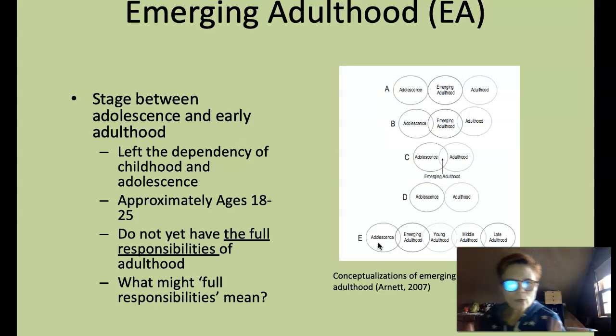And this is where you all are now. And this is a very interesting stage of development that has been really, I would say, expanded in the way that we study this age period over the last probably 20 to 30 years.